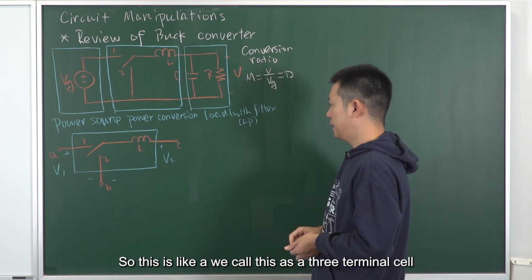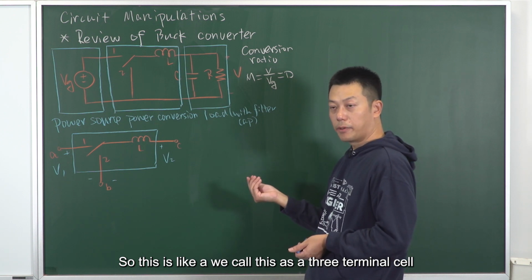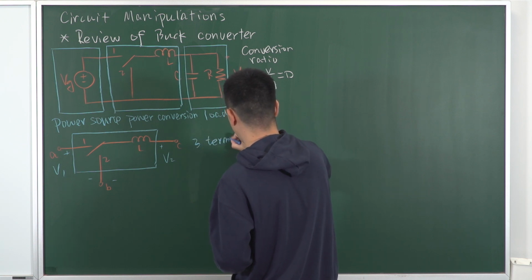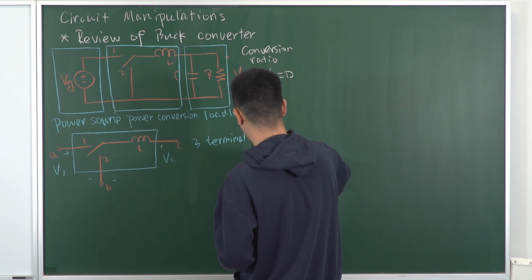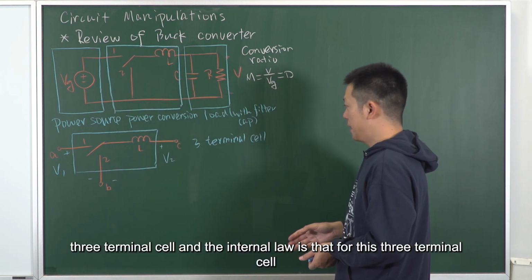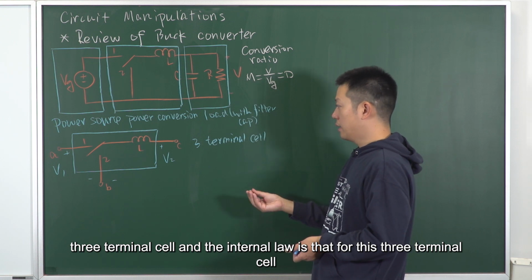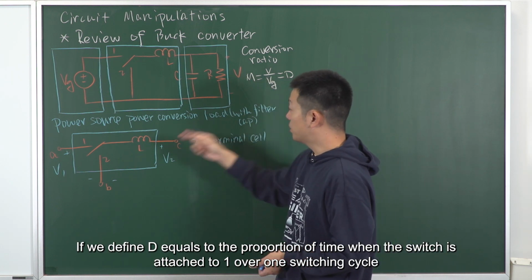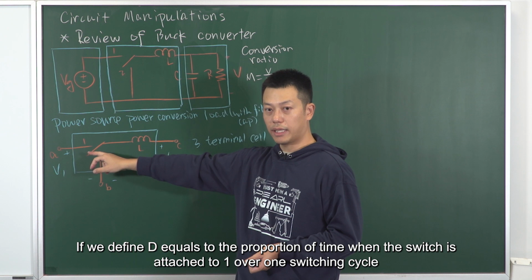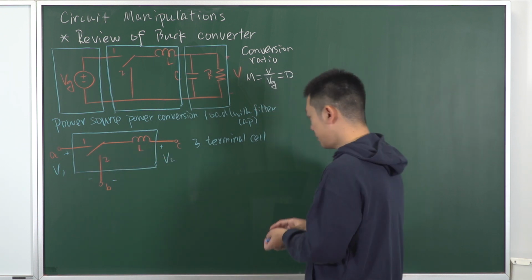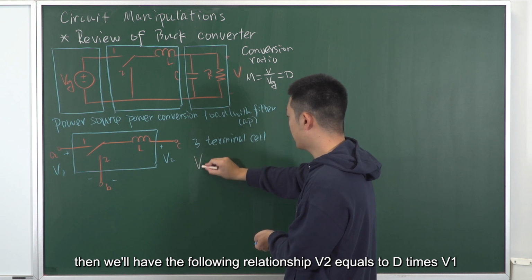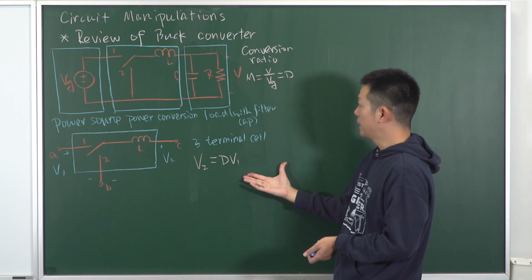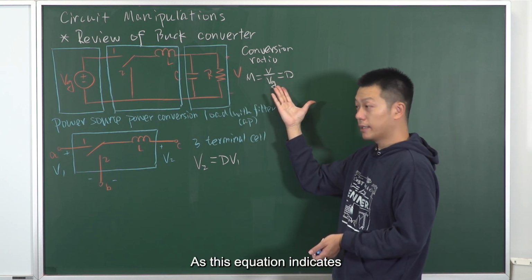So we call this a 3-terminal cell. And the internal law is that for this 3-terminal cell, if we define D as the proportion of time when the switch is attached to 1 over one switching cycle, then we will have the following relationship: V2 equals D times V1, as this equation indicates.